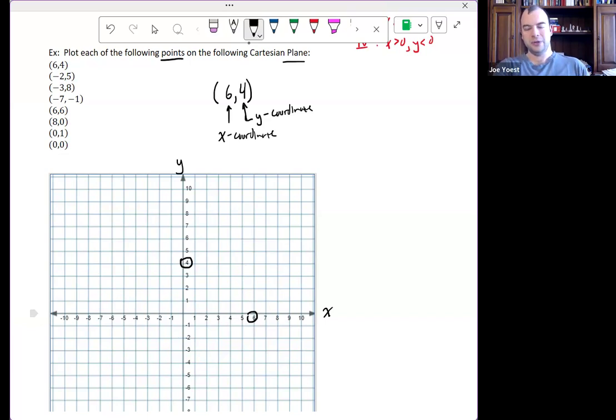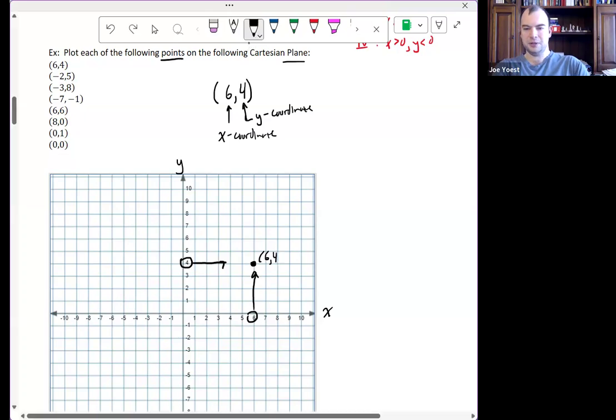So I want to ask what point on the plane would be associated with an x value of 6 and a y value of 4. If I go over to 6 and up to 4, that would be this point here, 6, comma 4. Now, often we don't explicitly label our points.